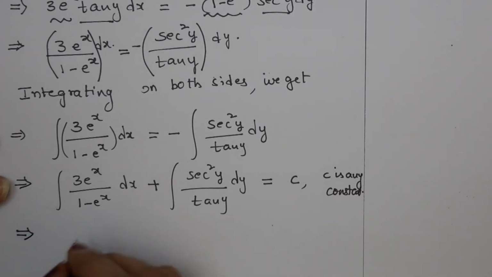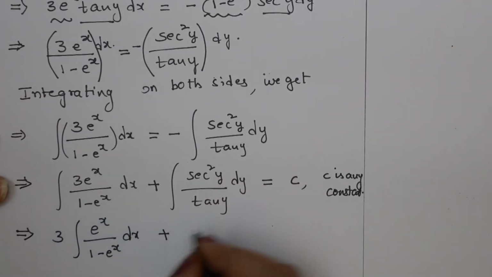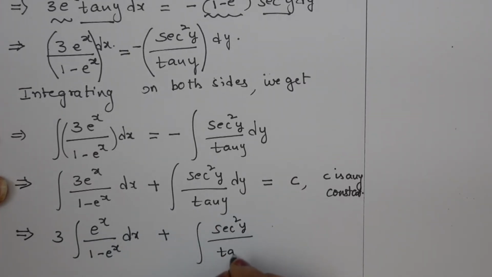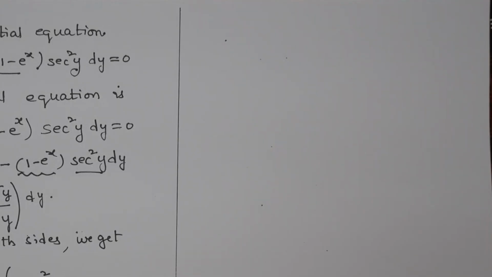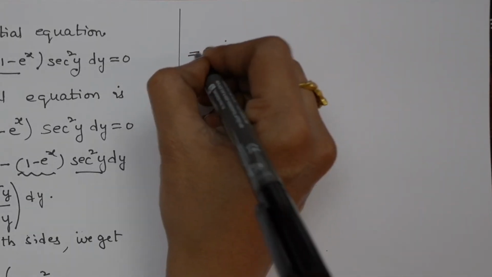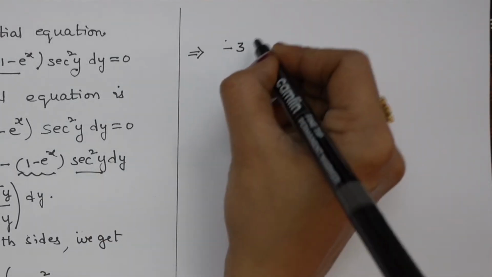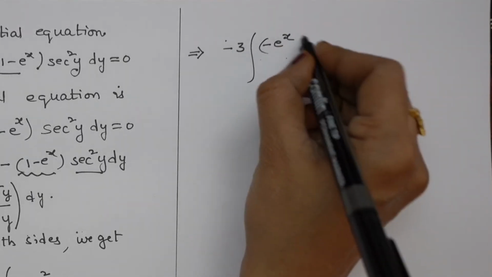This can be written as 3 into integral e power x by 1 minus e power x dx plus integral secant square y by tan y dy is equal to c. Now, what I am doing is, here I am just writing this one as minus 3 into minus e power x. Minus into minus, we get plus.